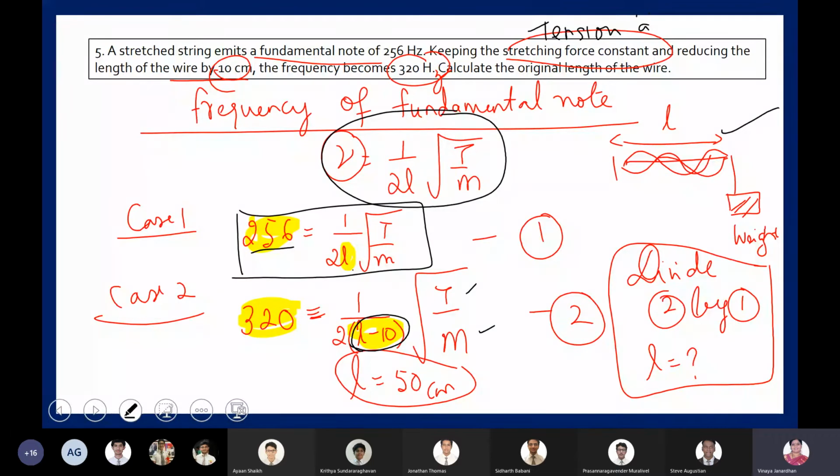Now they are asking you to find the original length of the wire. Original length is L. So what you do is divide equation 2 by 1 and find the value of L. Do you understand the question? Ma'am, is root of T by M the stretching force constant? Yes, so when you divide, the factor root of T by M gets cancelled.